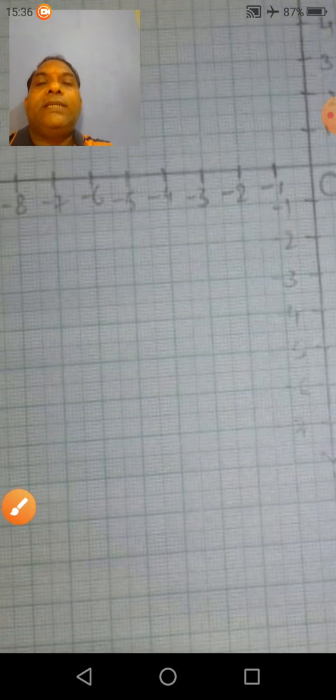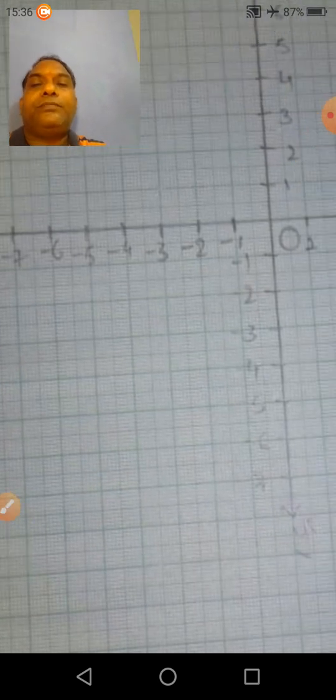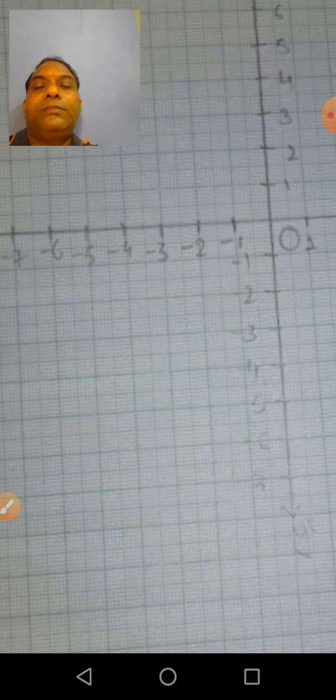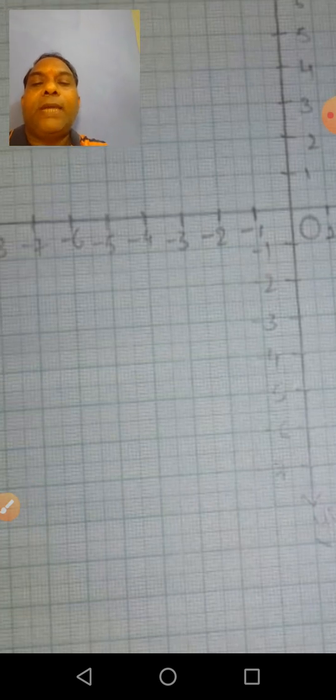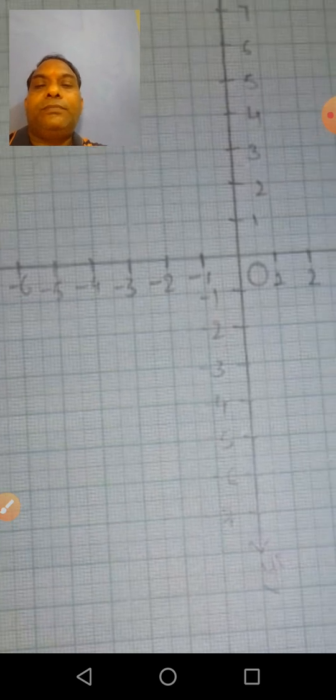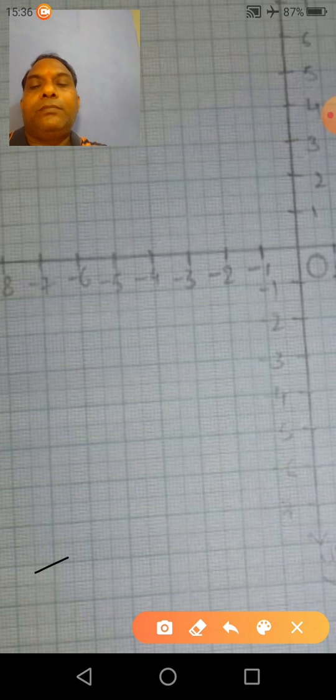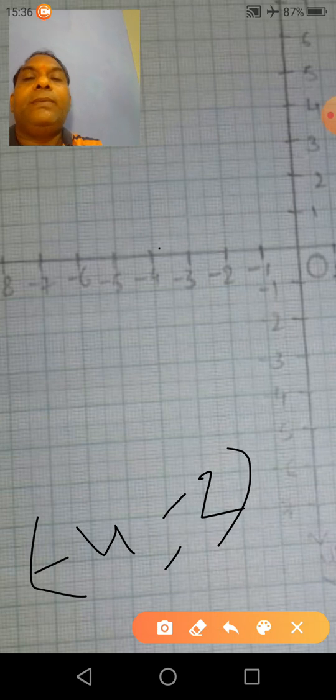See other example. Suppose you have to plot (-4, -2). So x coordinate will be -4.